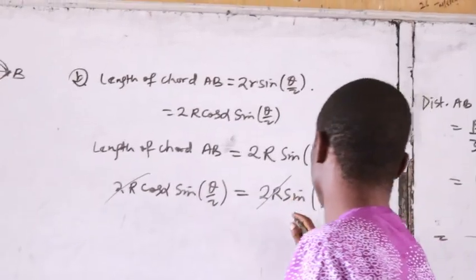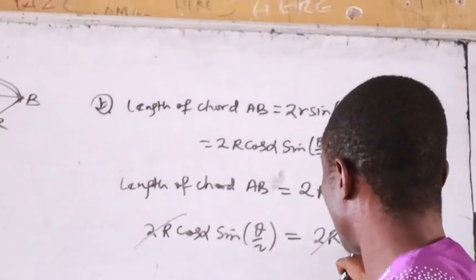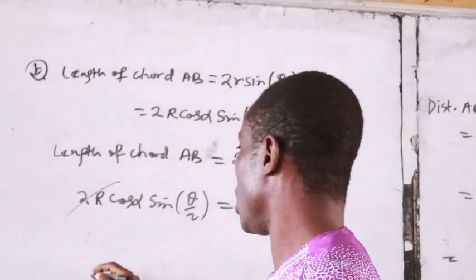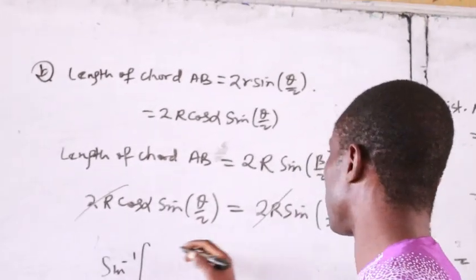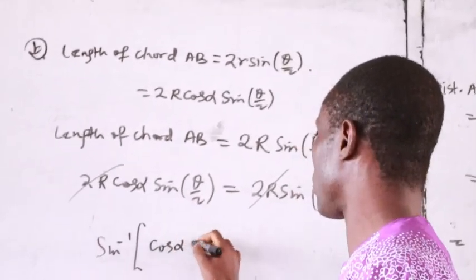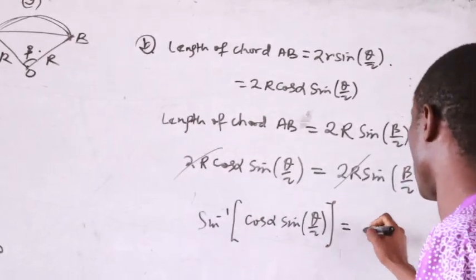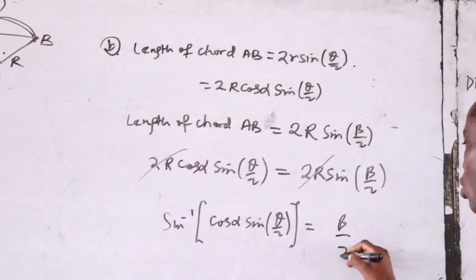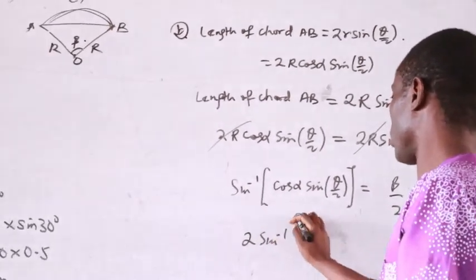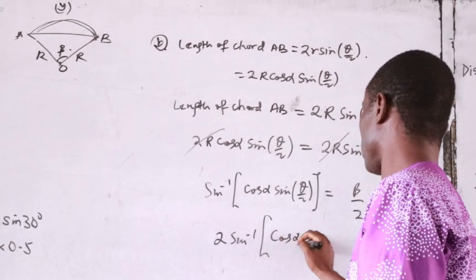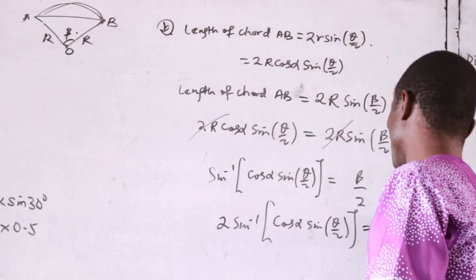Then you can cross these two. I want to take this arc sine to this place: arc sine of cos alpha sine theta over 2 equals beta over 2. These two will now come here: 2 arc sine of cos alpha sine theta over 2 equals beta.